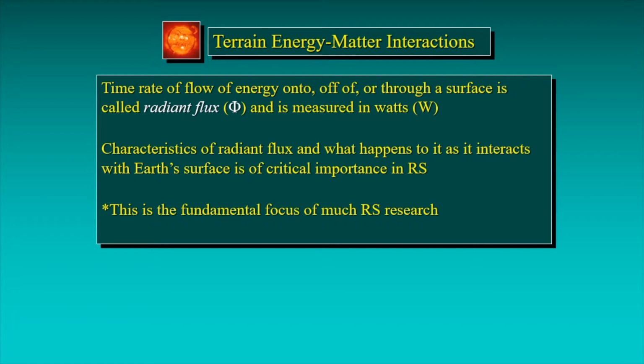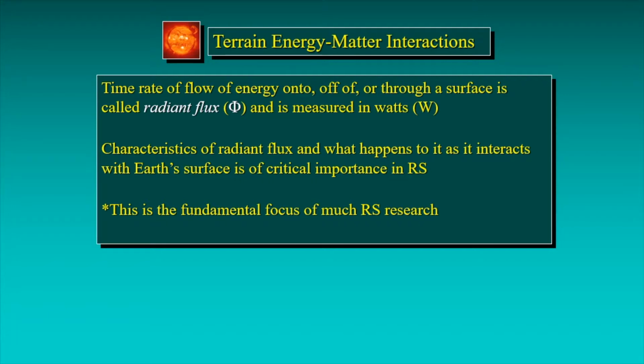That gives us critical information about the properties, whether biophysical or otherwise, of various types of materials or objects. And this is really a primary focus of a lot of remote sensing research.